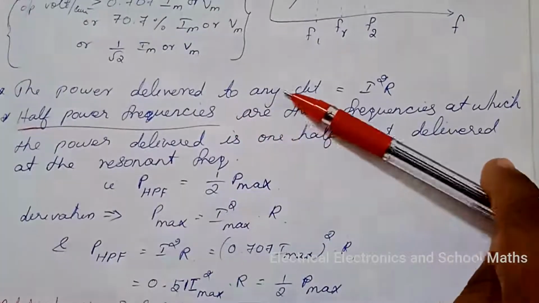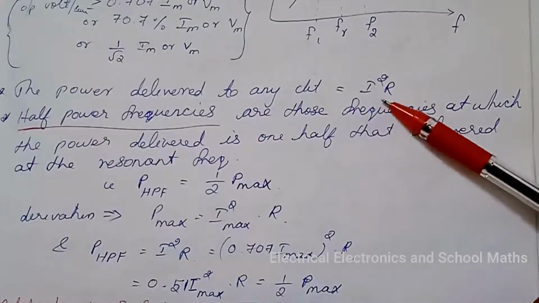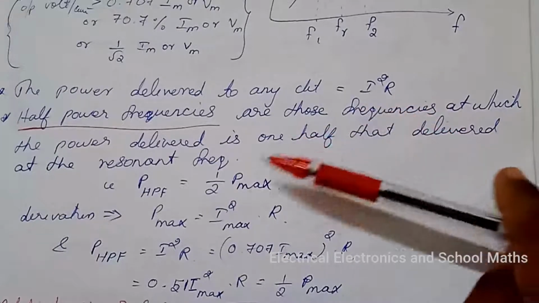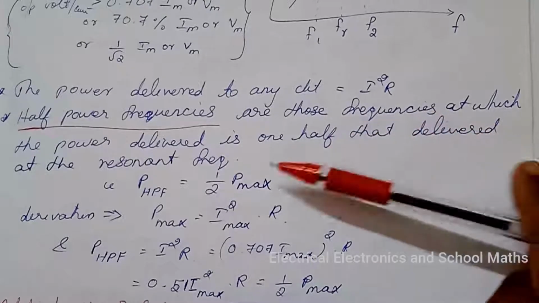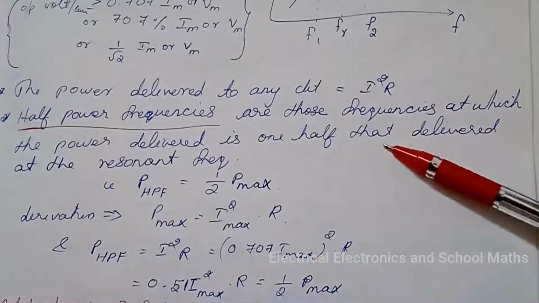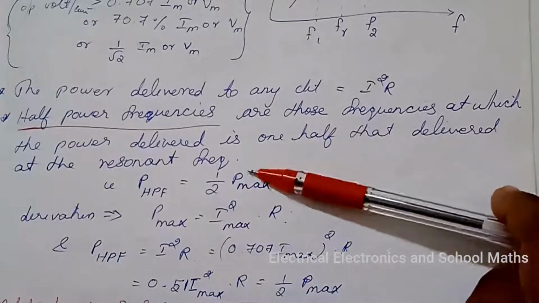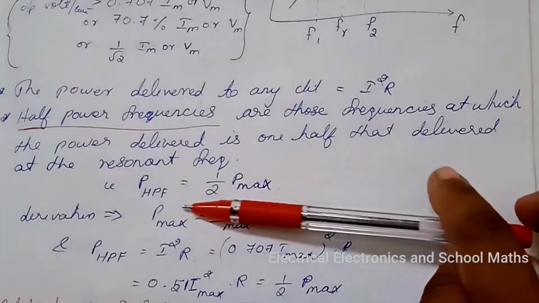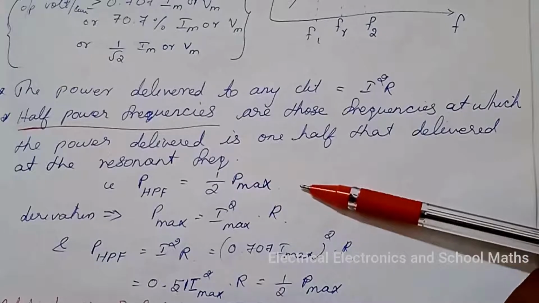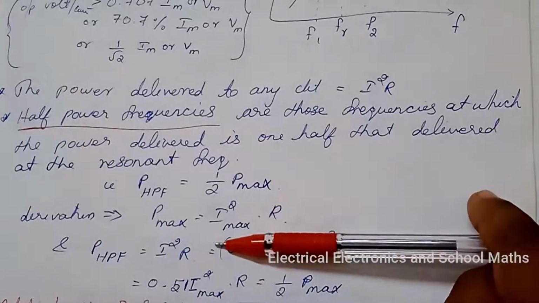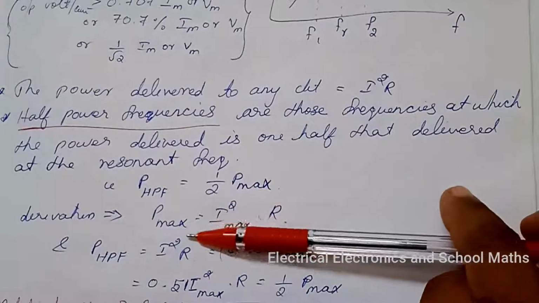The power delivered to any circuit is equal to I square R. Half power frequencies are those frequencies at which the power delivered is one half of that delivered at the resonant frequency, that is P half power frequency equals half P max. It can be derived like this.